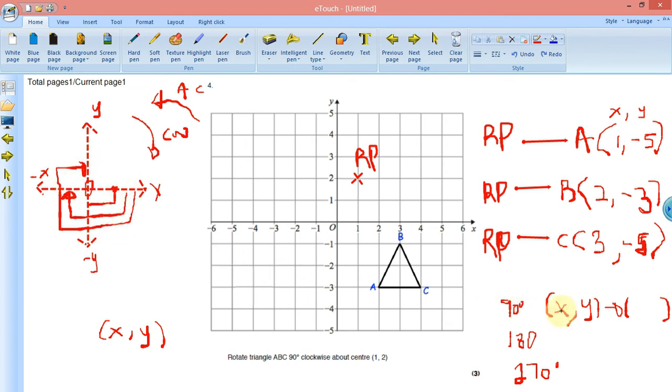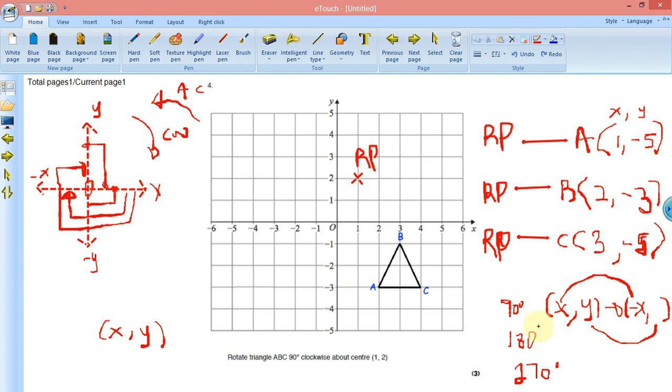So the coordinate is, x will change to what? Minus y, comma. Then I want to see what y will change to. Because generally we normally have x comma y. So this is y here. So starting from y, 90-degree, y changes to what? x.